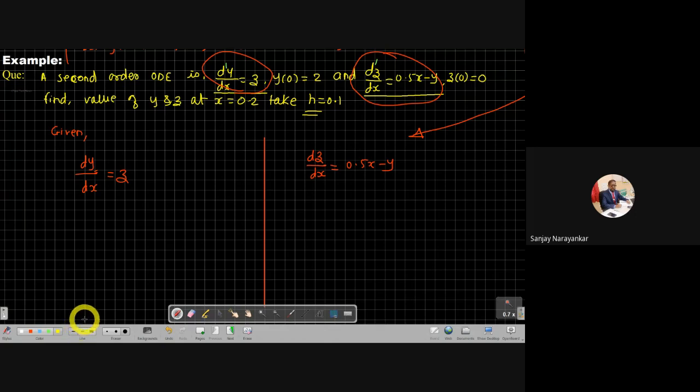आता मग तुमचा f of x0 y0 z0 काय असणार आहे इथे?